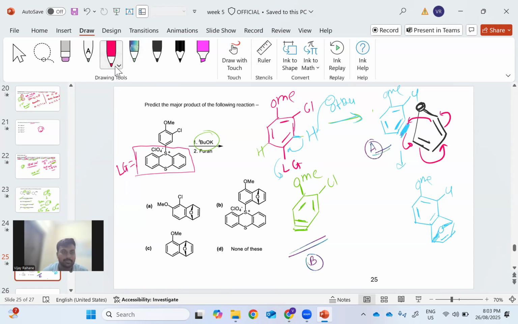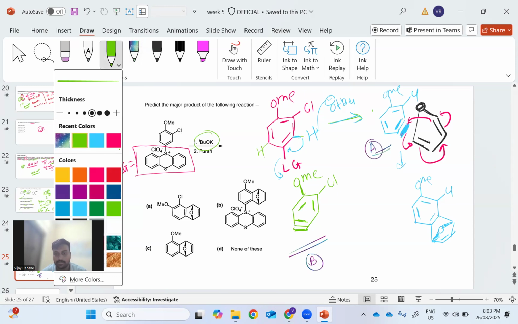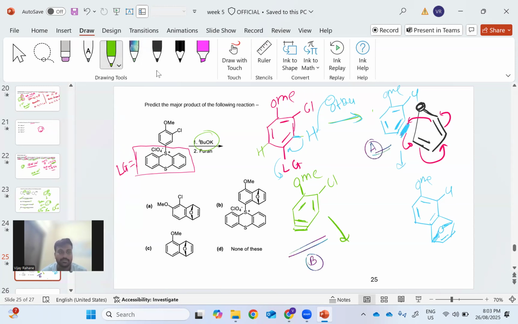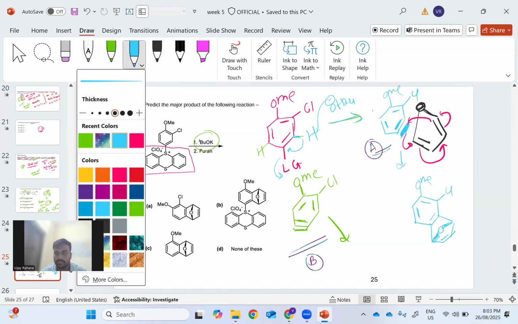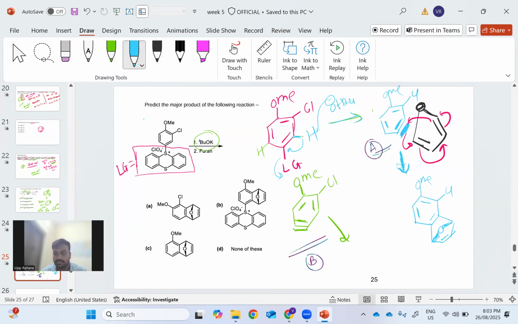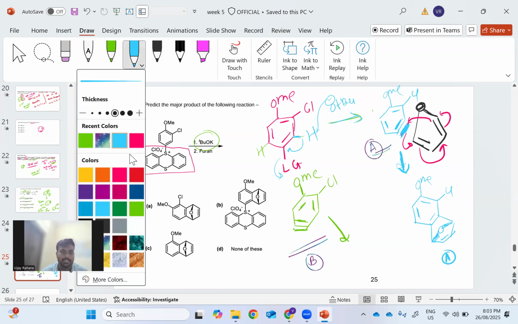So I'll just draw the product associated with the second option also. This is the product A formed from the intermediate A, and the product B.